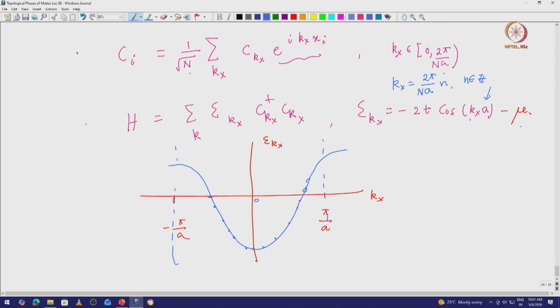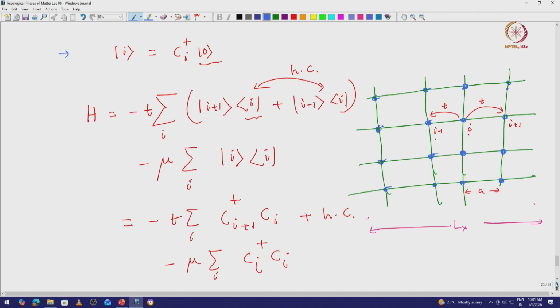These states are empty. So, these are the things for magnetic field equal to 0, and this is the band structure you get.